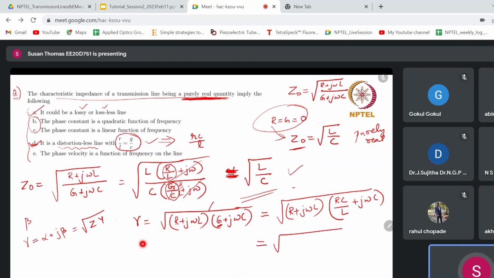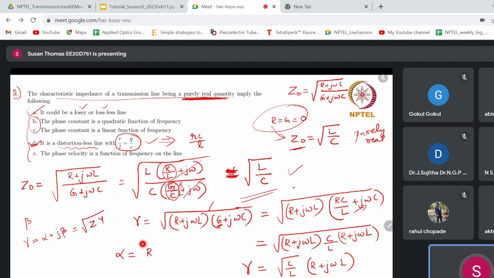Now square root of (R plus j omega L) into, taking C outside, (R by L plus j omega). If you cross multiply and divide by L, what do you get? Root of C by L into (R plus j omega L). So this is gamma. What is alpha in this?